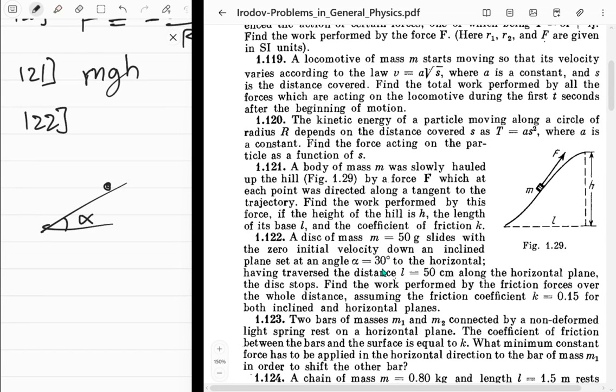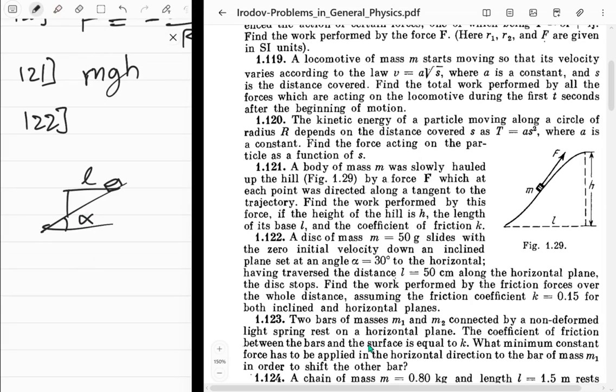Okay, a disk, so like this, slides, fine. Having traversed a distance L equal to 50 centimeters along the horizontal plane. Wait, what? Along the horizontal, but this is inclined. Okay, I think it means the horizontal distance it covered is 50. So L basically.